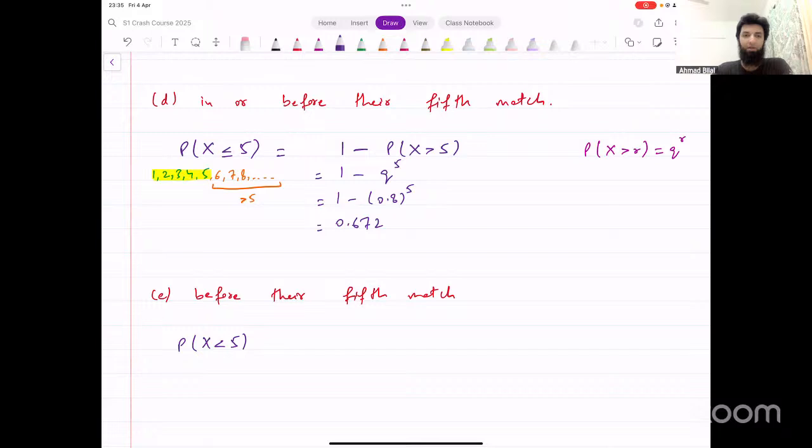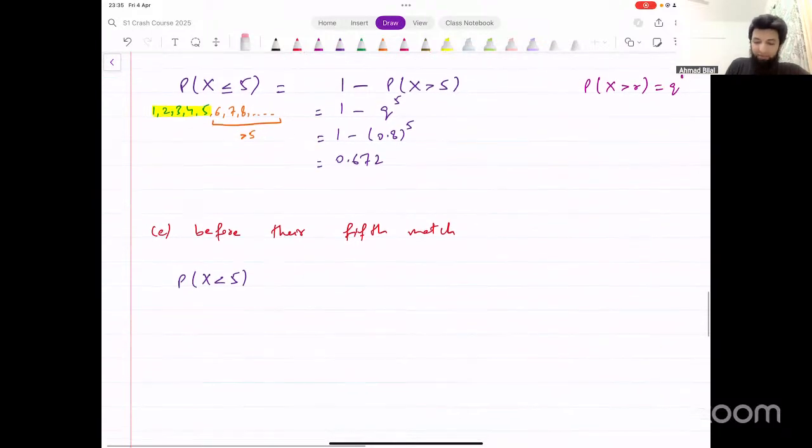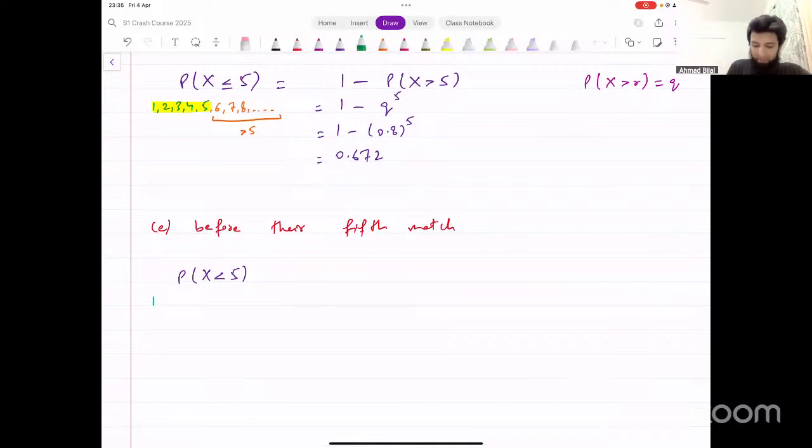So that is what we get for this probability. What if it's less than 5? Less than 5 means we want 1, 2, 3, and 4. And what we don't want is 5, 6, 7, 8, all the way onward. So let's subtract from 1 all of these numbers. How do we describe these numbers in greater than form? These are all numbers that are greater than 4.